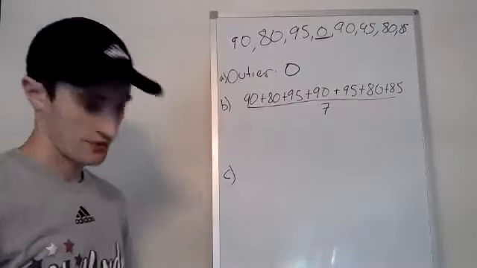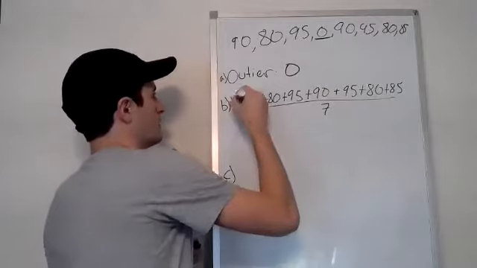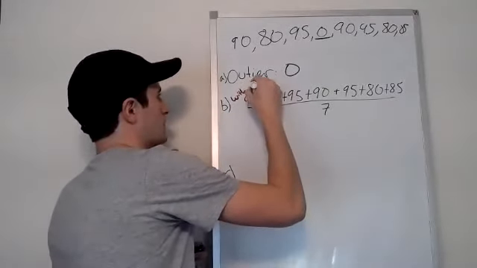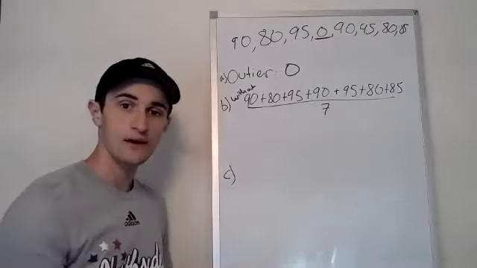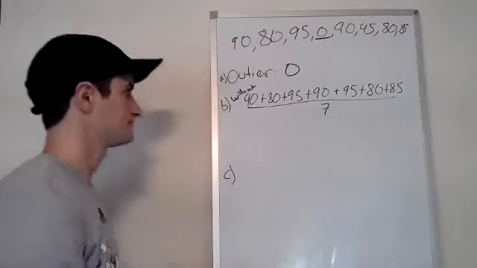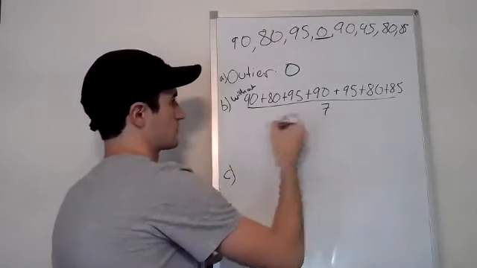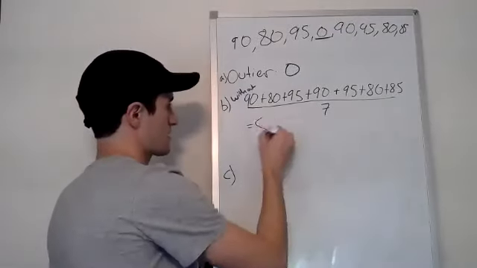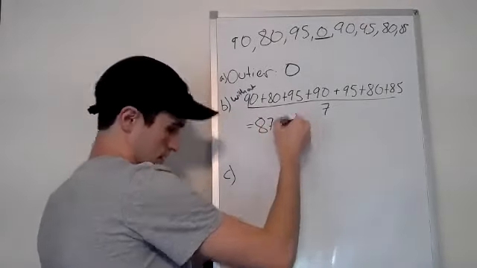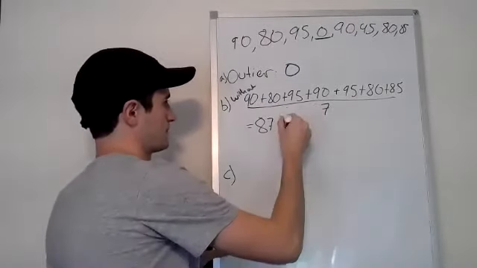So that's without the outlier; you just take the 0 out and then continue like normal. That's actually going to be equal to 87.9.